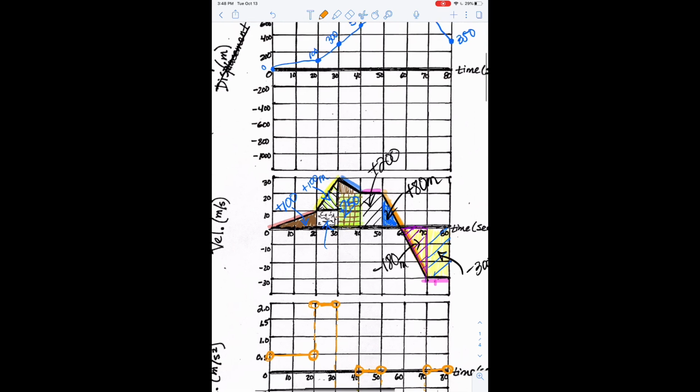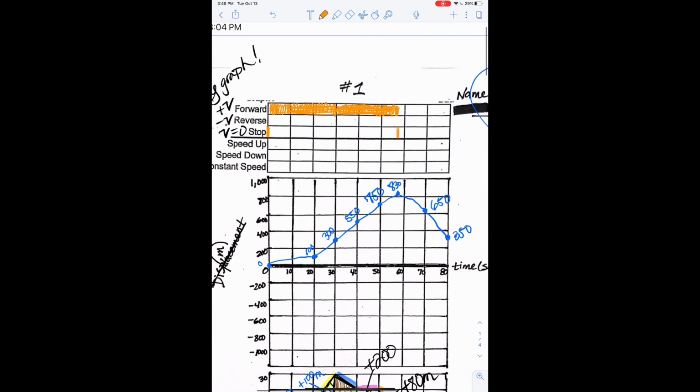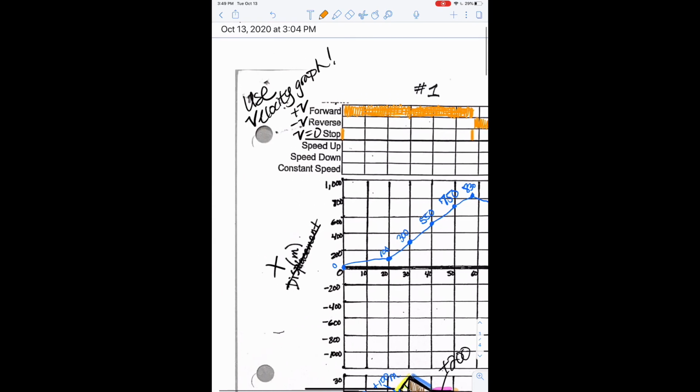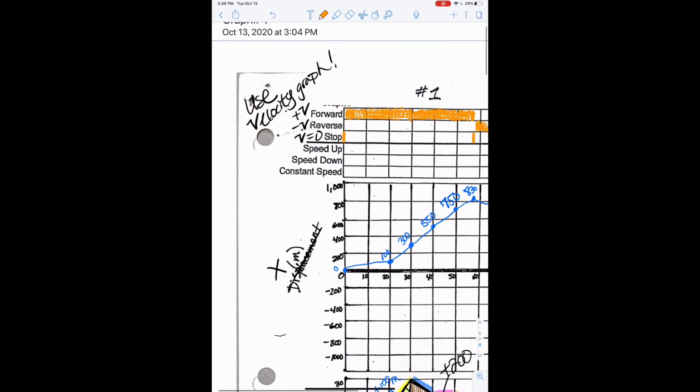So from 58 to 80, we can now shade in up here. We already did the 2 stops, at 58 and at 0. Hopefully that makes sense. Not too tricky, just use the velocity graph.